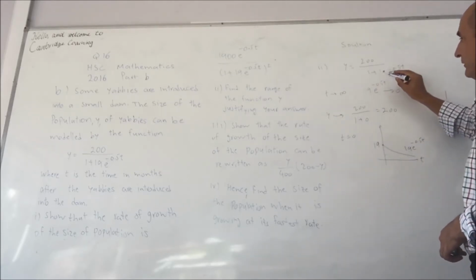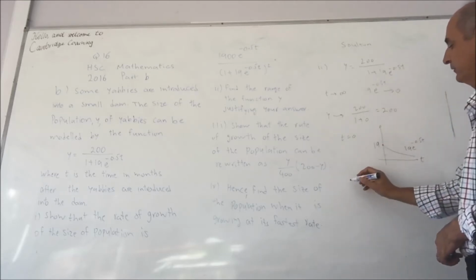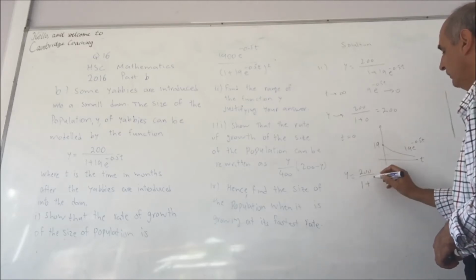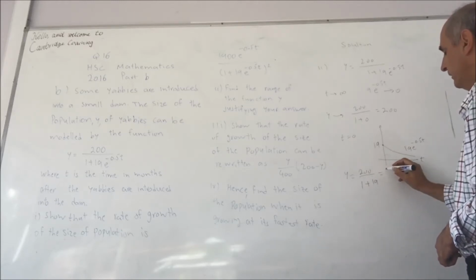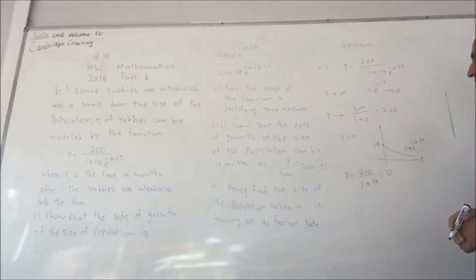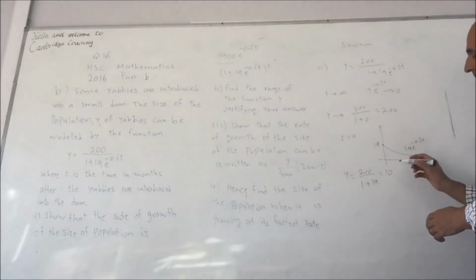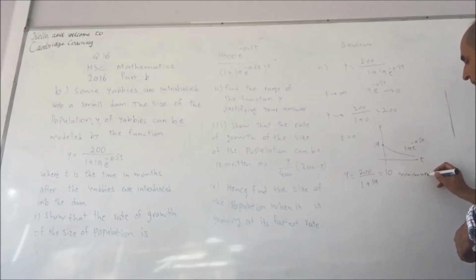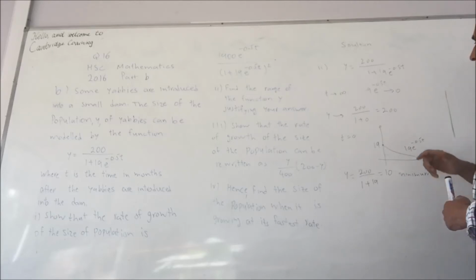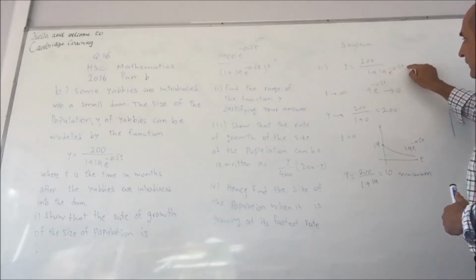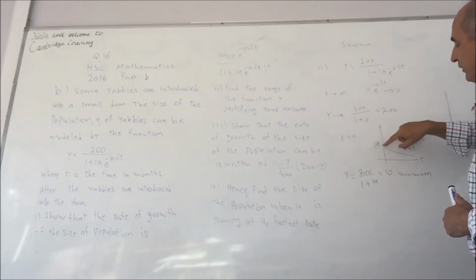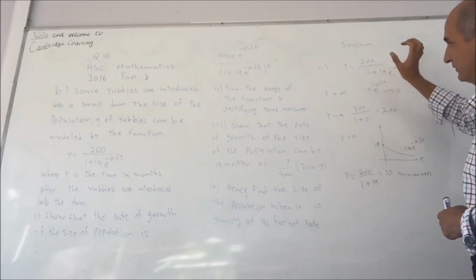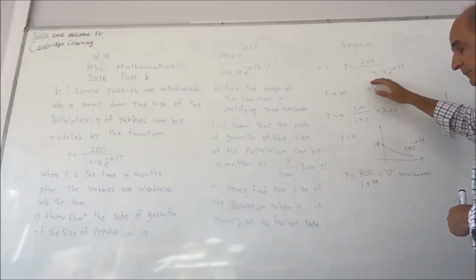So 1 plus 19 is 20, so when time is 0, y is 200 over 1 plus 19, which becomes 10. Okay, so that will be the minimum value of your y, because when time is 0, you have the maximum possible value for your denominator, and when the denominator is a maximum, the function is a minimum.